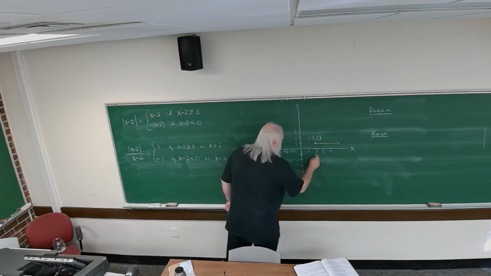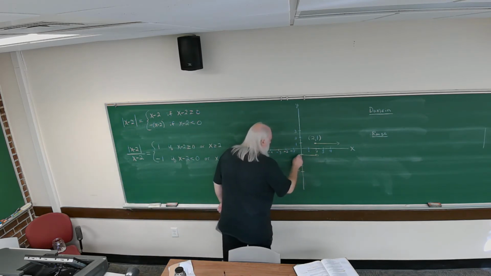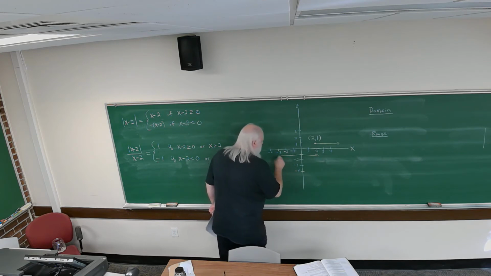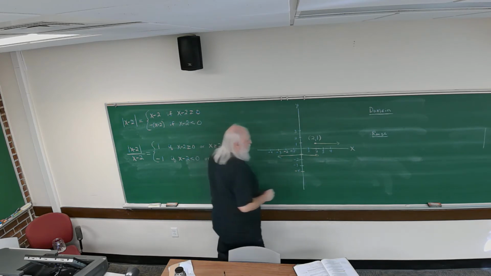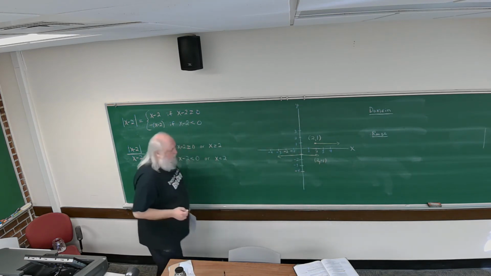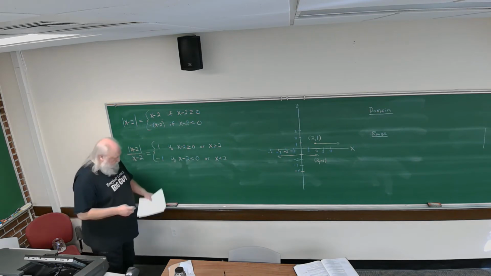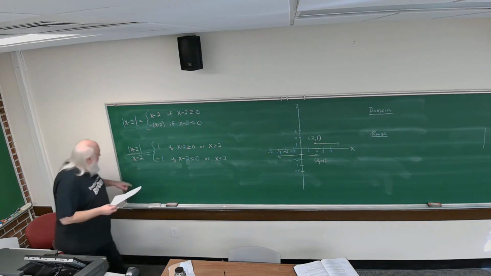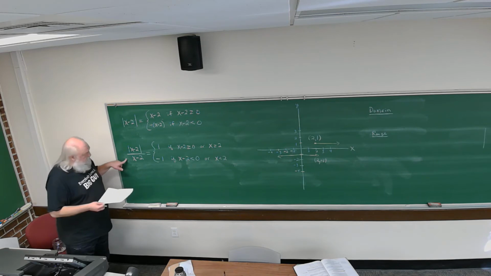And then we have the half line going to the left from the point 2, negative 1. That's an open circle there, though, okay? And so that's what the graph looks like for this function, okay?